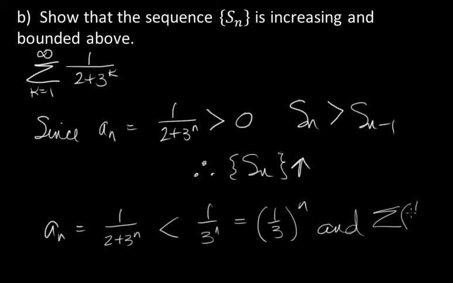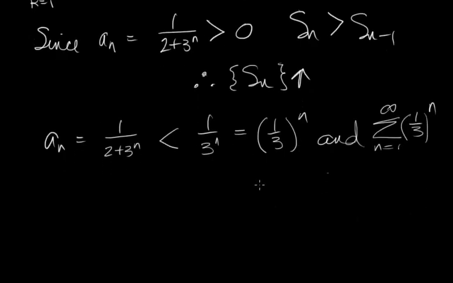The sum of 1/3 to the n, starting at n equals 1 to infinity, is equal to the first term, 1/3, over 1 minus 1/3. So that is equal to 1/3 over 2/3, or 1/2.